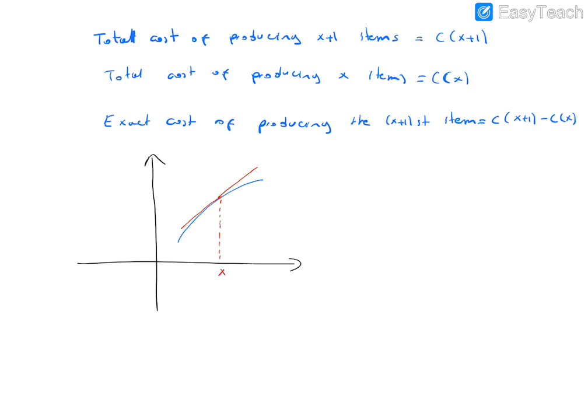So this is the x plus first item. This length is the exact change. This is the cost of producing the x plus first item, okay?